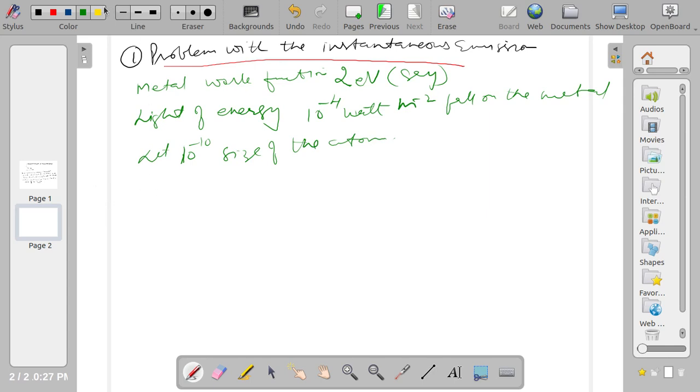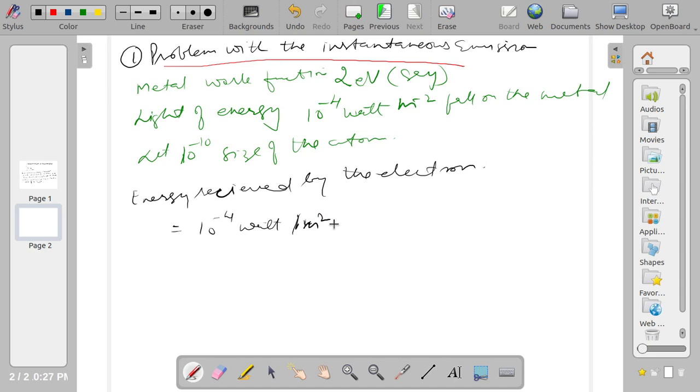Then the energy received by the electron can be 10 raised to power minus 4 watt per meter square times the cross-section area of the atom.